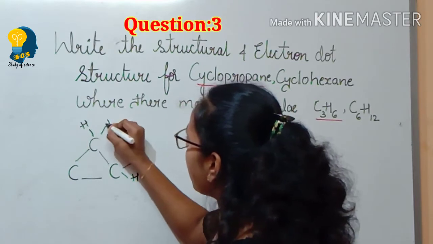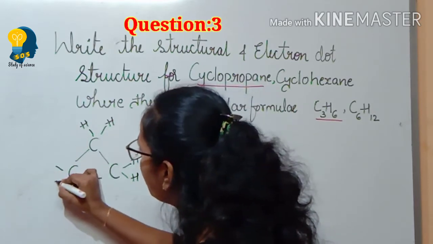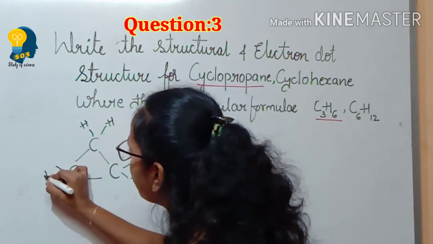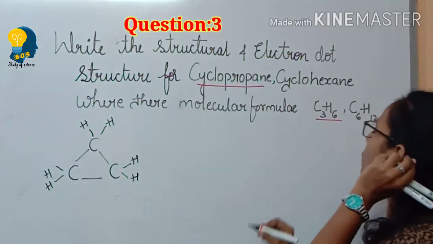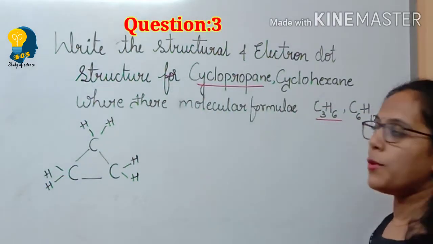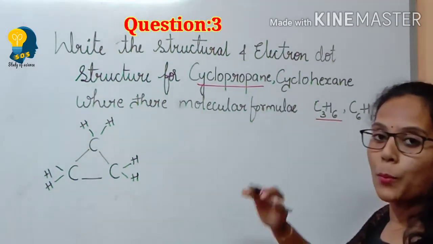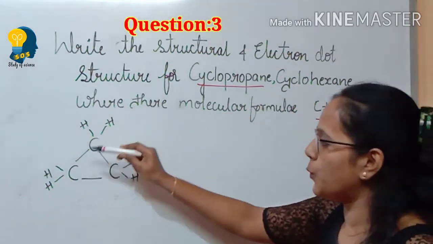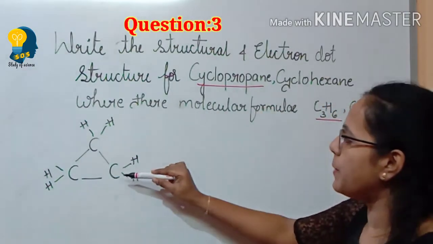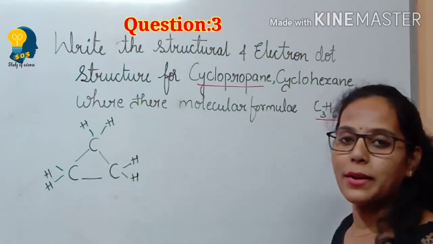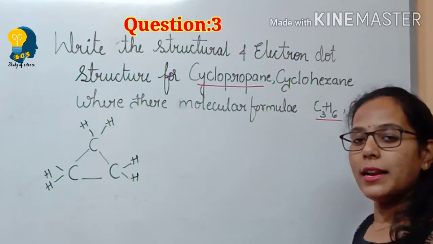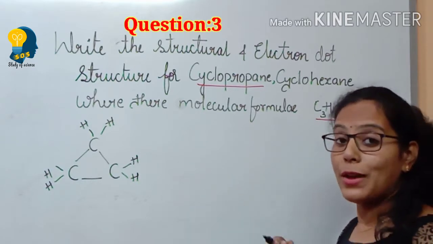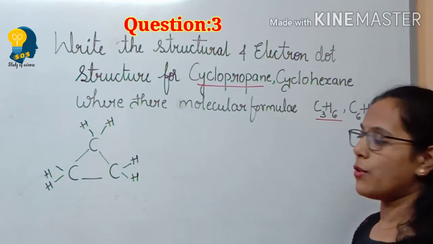Okay, so this is how we write the structural formula for cyclopropane. It is cyclo, cyclic structure, prop, 1, 2, 3 carbons, ane, that will be a single bond between the carbon and carbon atom. Clear? So by looking at this, now it is very easy to write the electron dot structure.